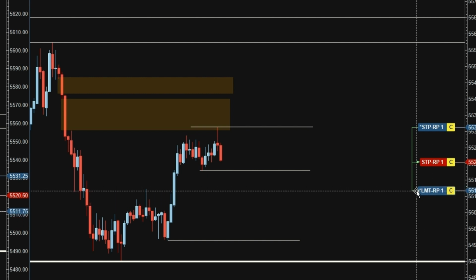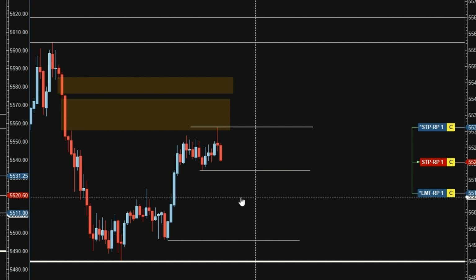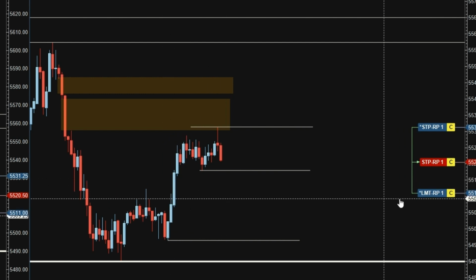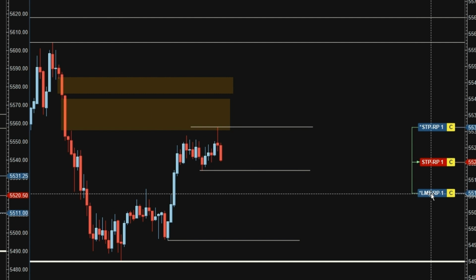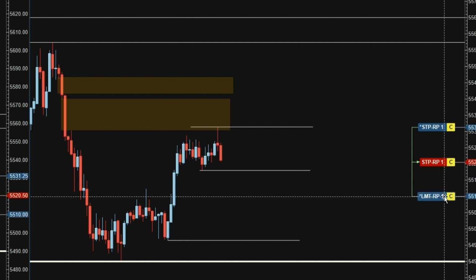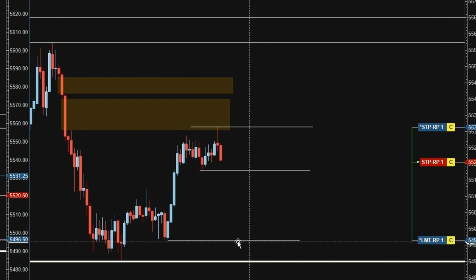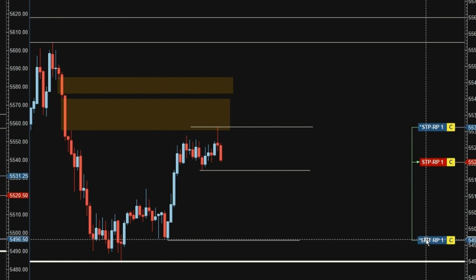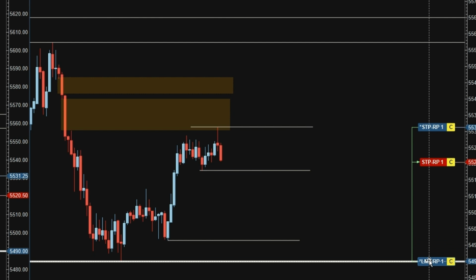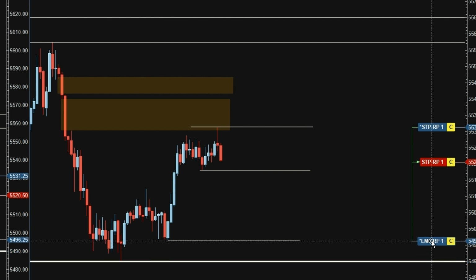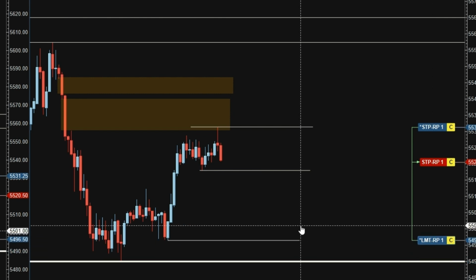If you want to take your profit here on this fair value gap or this imbalance, you can take a partial there. Let's say you can take profit there or at this low. It depends on you, right? As long as you manage your position properly.